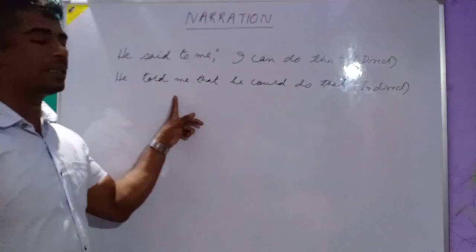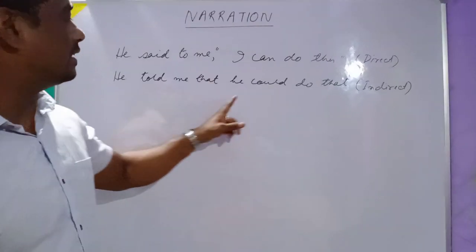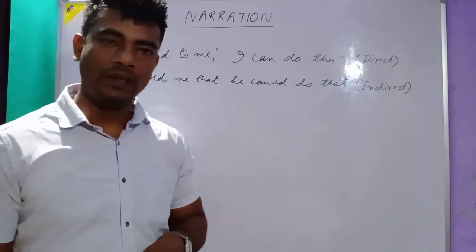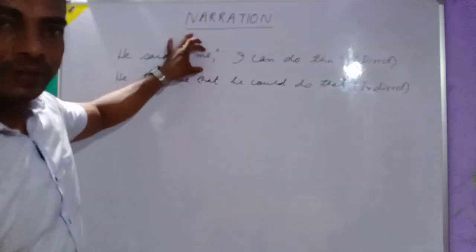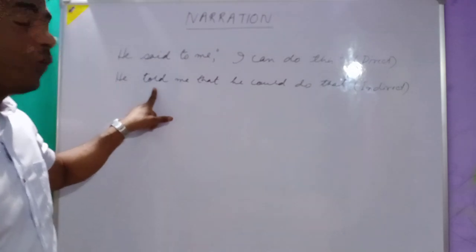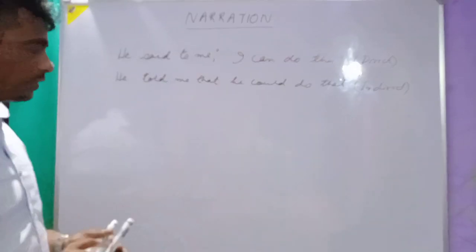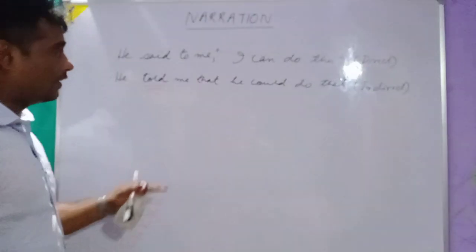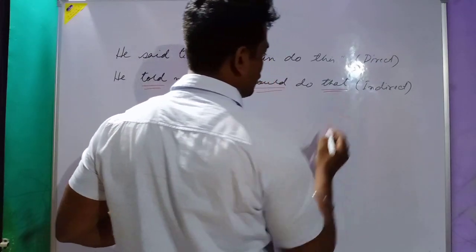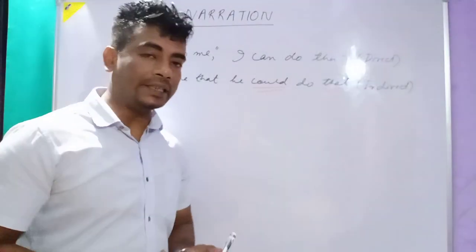One change has taken place here: in the previous sentence I wrote said that, but here I have used told. Why told this time? When the agent is present to whom it is spoken, then write told or tells or will tell. But when the agent is not different, just write said. And here also it is given in the past tense, so this has become could and this has become that.